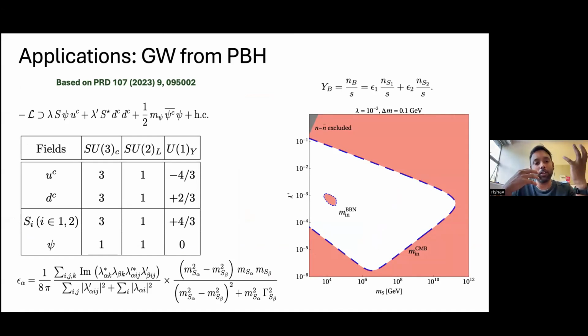They were produced in the early universe because they carry a strong charge, a strong interaction, right? So one can think of a scenario where these scalars are produced in the early universe and decay, generating the asymmetry. And on top of that, since PBH was formed at some later stage and evaporated, it can also produce these scalars, right?